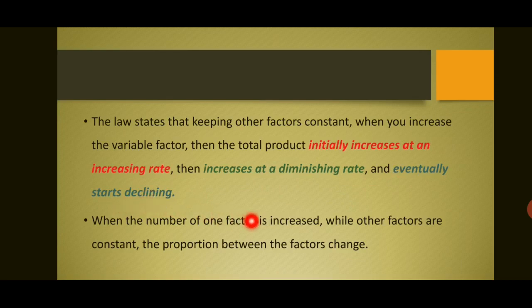As the number of one factor, our labor, is increased while other factors, that is land, are constant, the proportion between factors changes. We have understood that if we increase labors by 2, then we got 2 gem 10 acres. So the proportion of our inputs has changed.